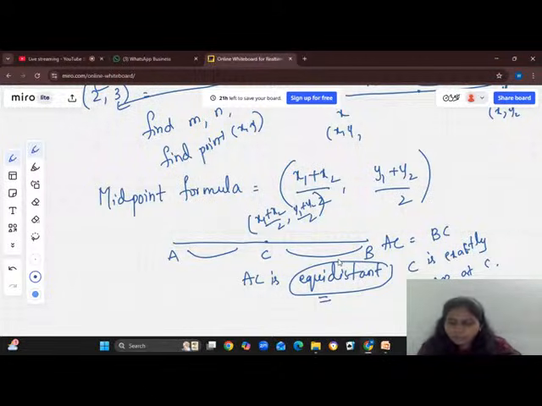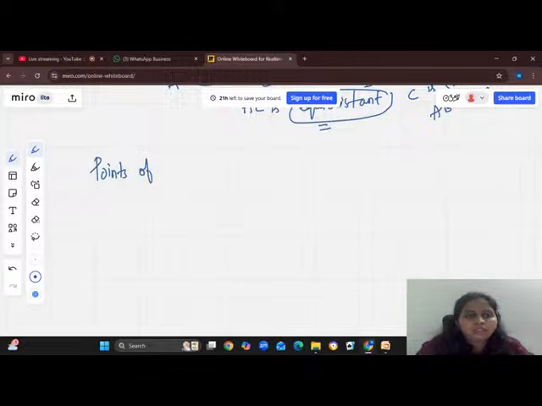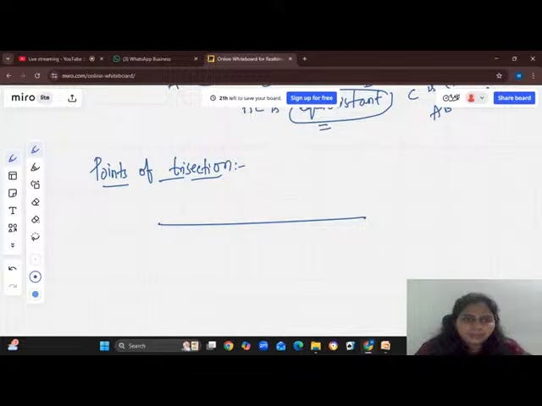These are the important 3 formulas that are very, very important in the coordinate geometry. Another important thing I want to include is the points of trisection. So if I take a line segment A, B, there are another 2 points P and Q. So what are these points of trisection?